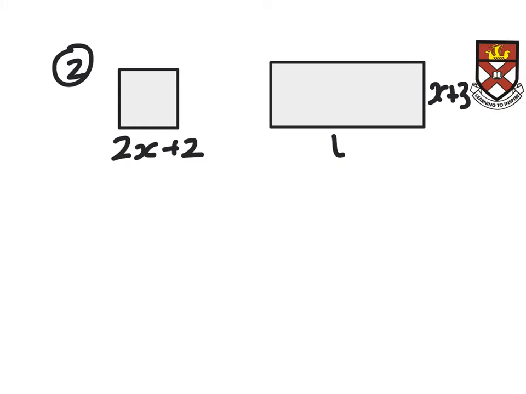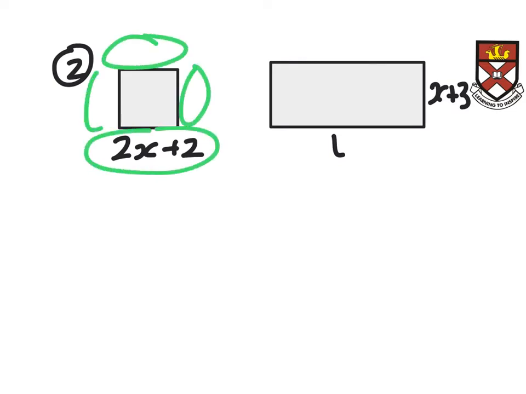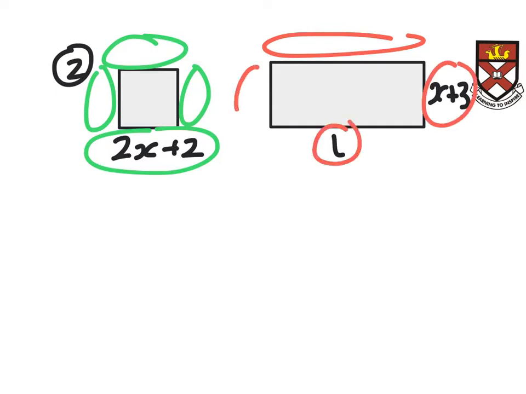For question 2, we'll go from a relatively easy question to quite a difficult question, especially the first part. Show that the length of the rectangle is... Now they've got the same perimeter, so if you add up 2x add 2, another 2x add 2, another 2x add 2, and another 2x add 2, that should be the same as adding up these 4 sides.